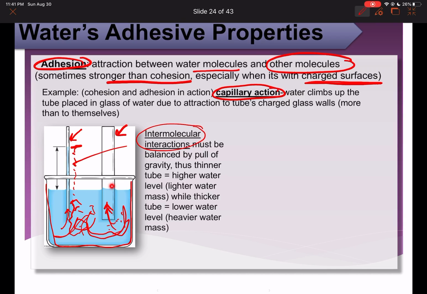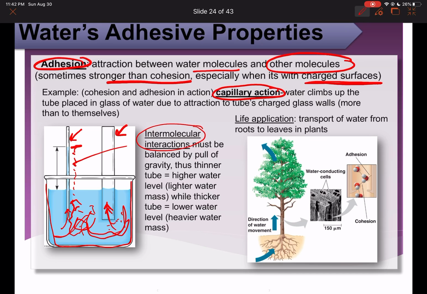The weight of the water in the bigger tube is a lot higher than the weight of the water in the smaller tube, so in the smaller tube the water can be pulled up higher, whereas in the bigger tube it will only stop at about right there because of the weight of the water pulling down. The weight of the water itself adds to what the adhesion forces have to overcome. So that's why a bigger versus a smaller tube can contribute to different amounts of water being pulled upwards in capillary action.